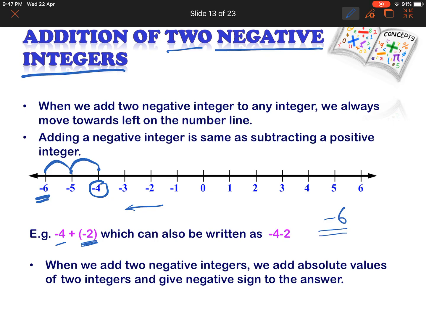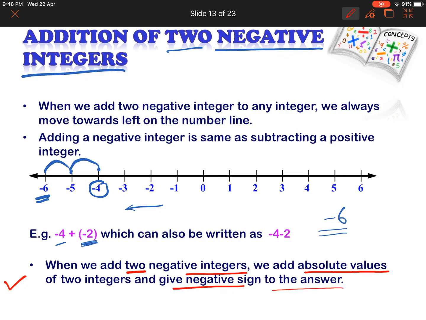All right. So again here we can add smaller integers on the number line, but what about bigger integers? We have this generic rule for bigger integers. When we want to add two negative integers, we add their absolute values and then give a negative sign to the answer.